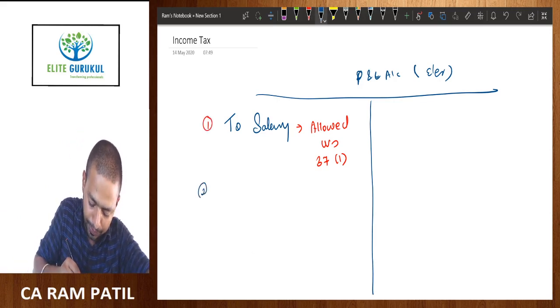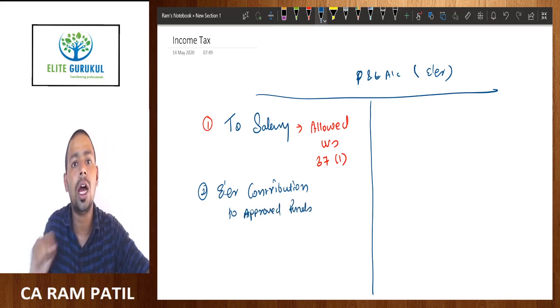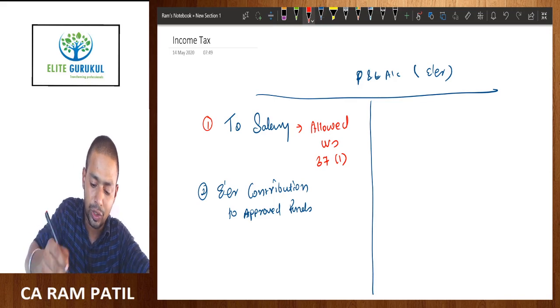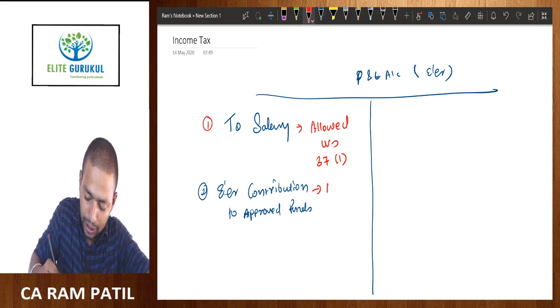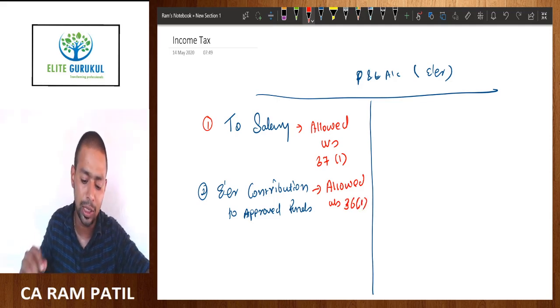Second expense, employer contribution to approved funds. Is it allowed as a deduction or not allowed as a deduction? Just now we have discussed. Yes, it is allowed. Employer has paid, it is allowed under section 36, but section is different. 36 subsection 1, it is allowed under section 36 subsection 1.